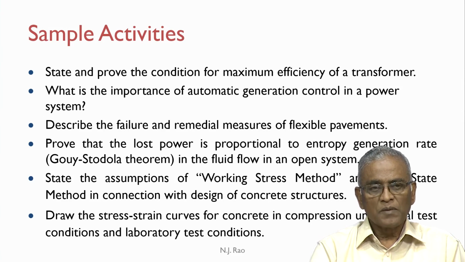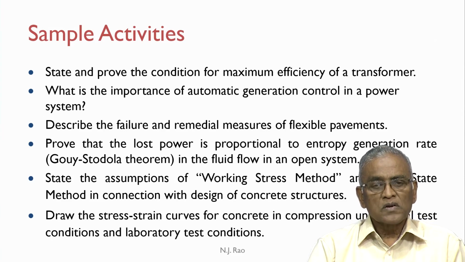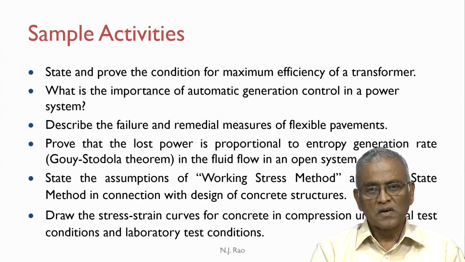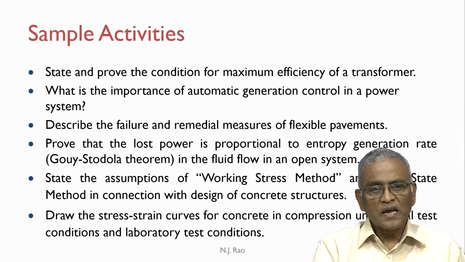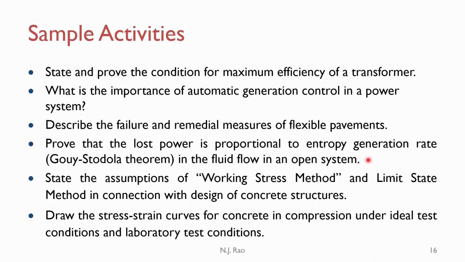All these examples are similar. What is the importance of automatic generation control in a power system? You are only stating the importance, it is presented to you earlier, you are remembering. Describe the failure and remedial measures of flexible pavements. Prove that lost power is proportional to entropy generation rate in the fluid flow in an open system.